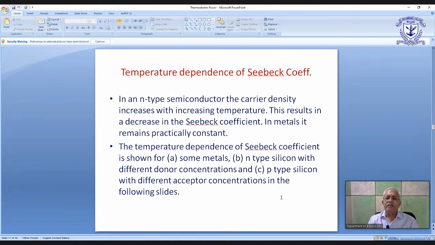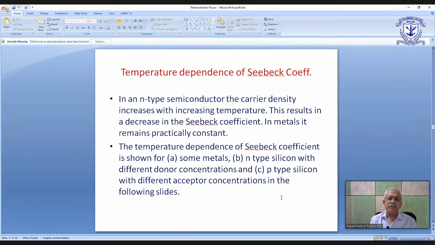Whereas in a metal, even if you heat the metal, the carrier density will not change because it's already very high. To increase the carrier density in metals, you may have to take it to rather large temperatures, which may not be necessary in a practical device.